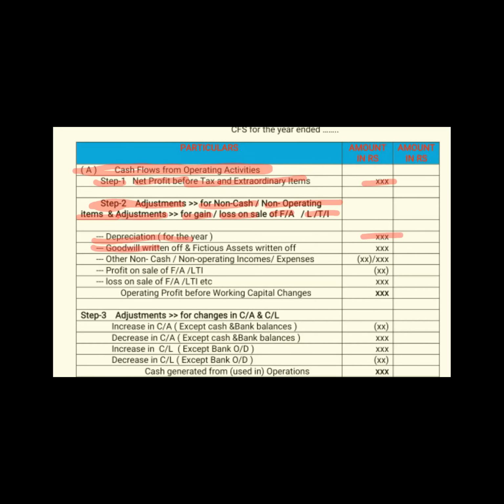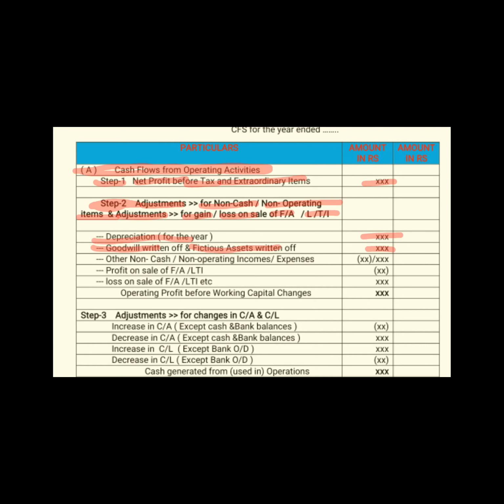Similarly, goodwill written off, fictitious assets written off, amortization of intangible assets. Fictitious assets are not at all assets, like preliminary expenses, pre-incorporation expenses, discount on issue of shares, and premium on redemption of preference shares and debentures. This comes under fictitious assets.